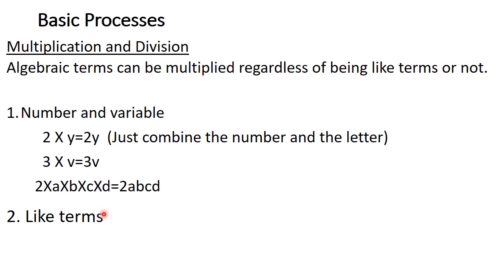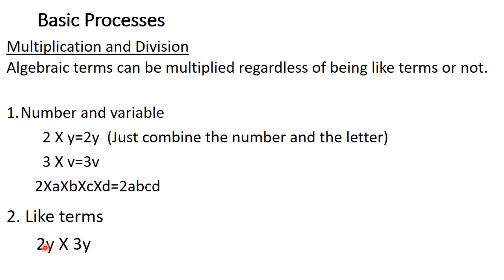Then there is another situation where we're multiplying like terms. So if we have 2y times 3y, these are like terms. So for this, you can also combine them like 2y, 3y. But the best way to present them is you can multiply the number parts and also the letters.